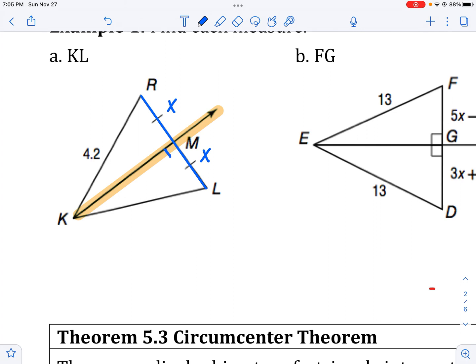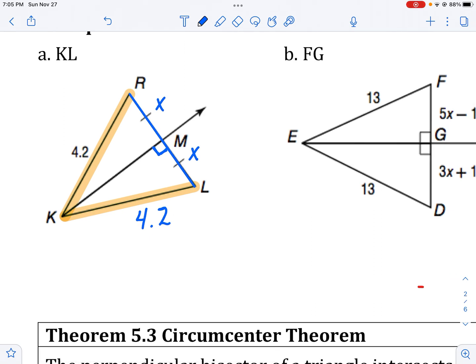I know that that's a right angle if it's a perpendicular bisector. And I also know that KR should be congruent to KL. I know that this point K should be equidistant from the endpoints of the segment. So KR and KL should be equal. They should both be 4.2 units long.